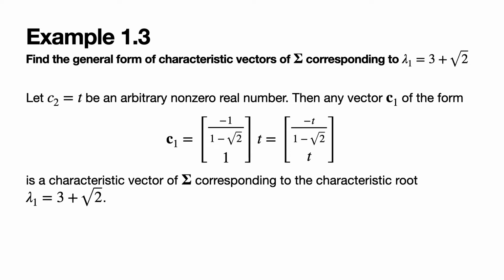The second representation being -t over 1 minus the square root of 2 in the first row and t in the second row. So any vector of that form is a characteristic vector of cap sigma corresponding to the first characteristic root, lambda 1, equal to 3 plus the square root of 2. So that is the general form for the characteristic vectors of cap sigma corresponding to the first characteristic root of cap sigma.